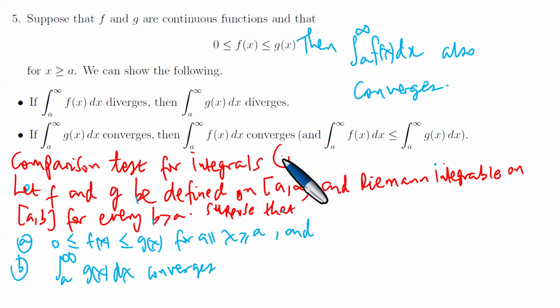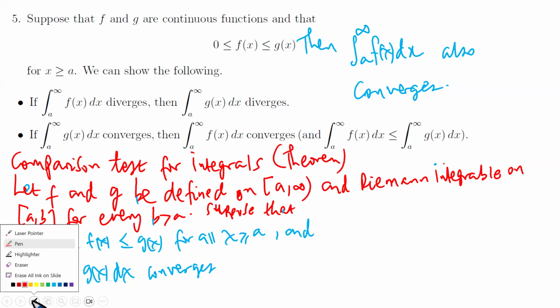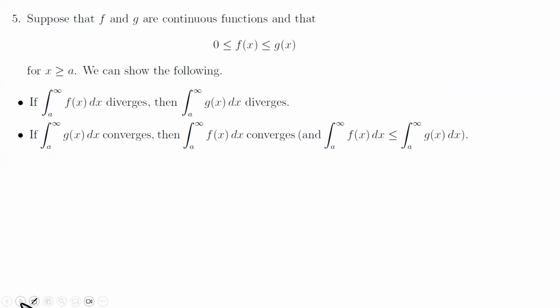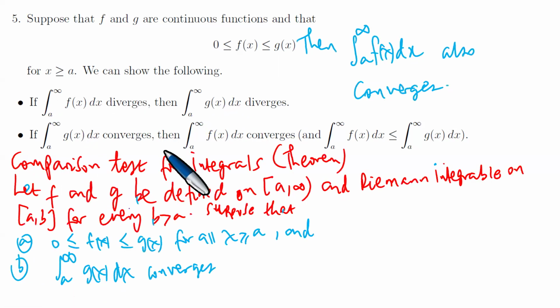Now, we want to prove this one because this is the statement of the theorem.